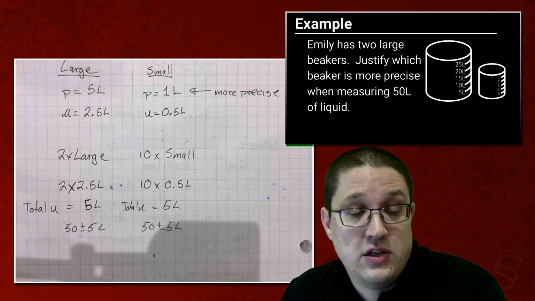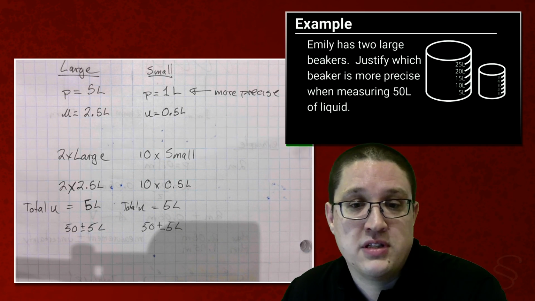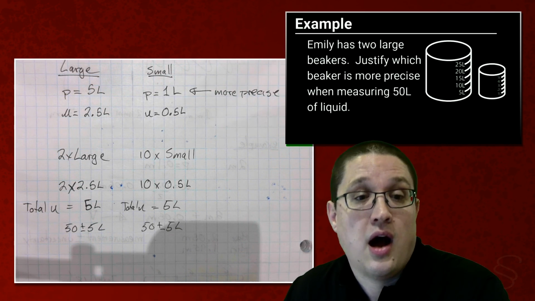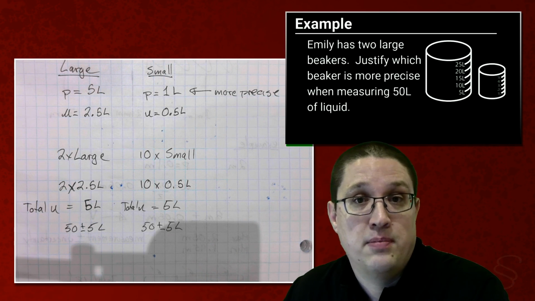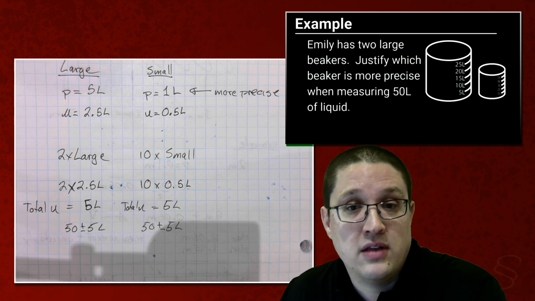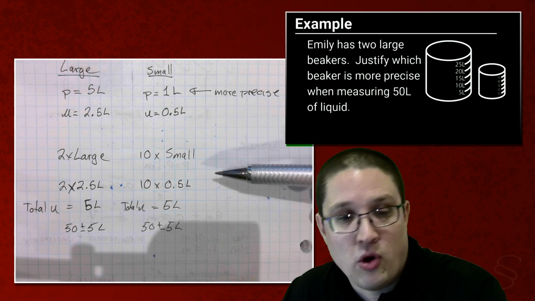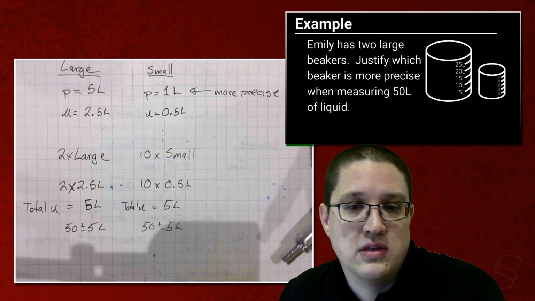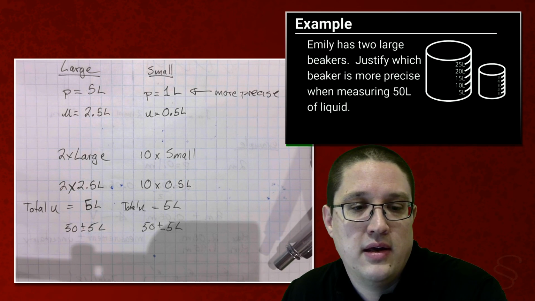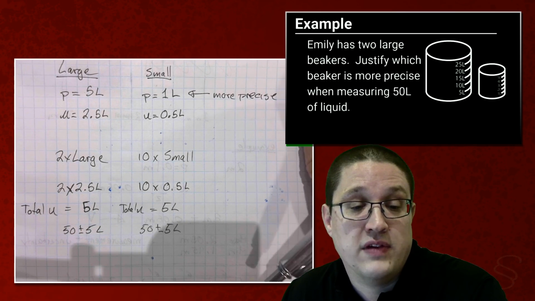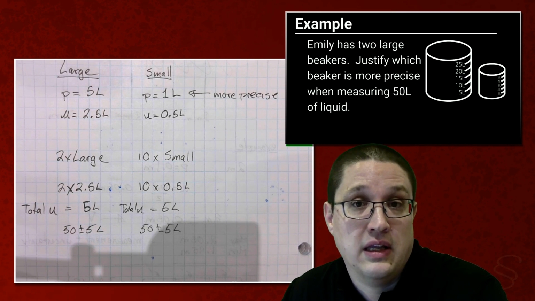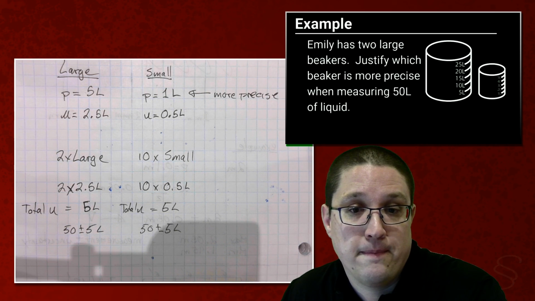But you're going to end up with the same precision in either case. I have to add the uncertainties together every time I use the tool. I used this small container 10 times, or Emily used the small container 10 times. So we have a total of 5 liters of uncertainty here.